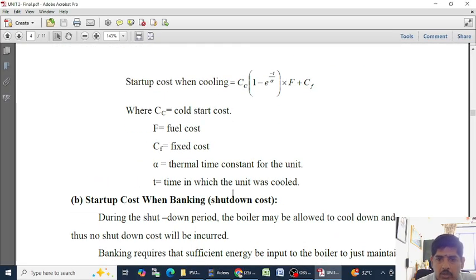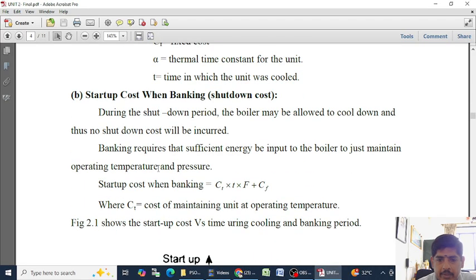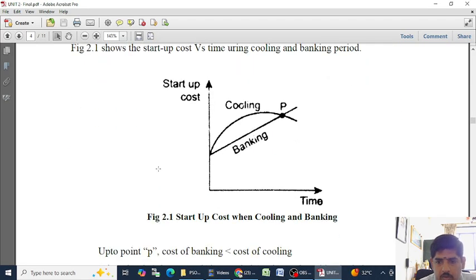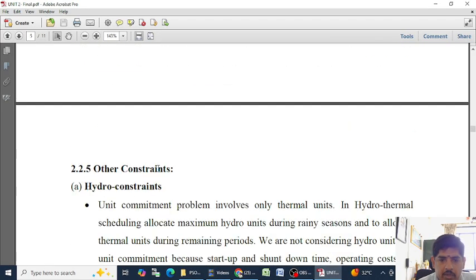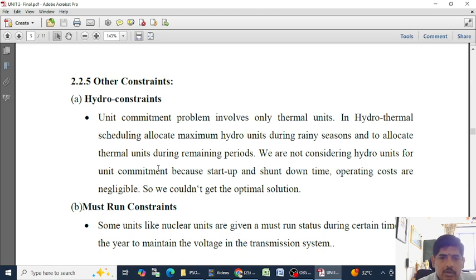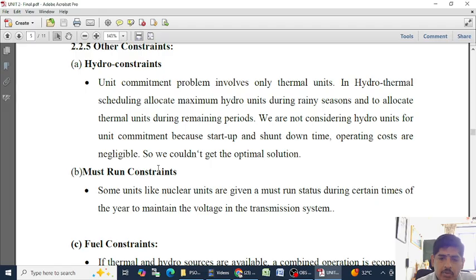Based on that formula, I have to calculate the startup cost when cooling and the startup cost when banking. And finally, the other constraints, hydro constraints, must-run constraints and so on, come under the fuel constraints. These all come under the other constraints. Okay, thank you.